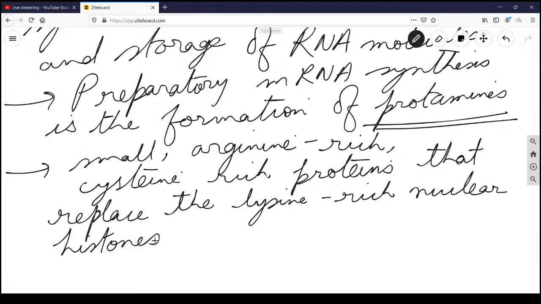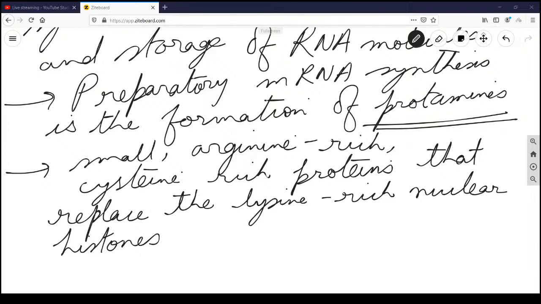Because histones compact the DNA, they compress the DNA. We have talked about the solenoid model, beads on a string model, then the 10 nm, 30 nm, 300 nm, 700 nm, 1400 nm models. So why would the histones be removed or replaced? It is not that they want it to become naked DNA, because if the histones are removed, it will become a 1 meter long DNA, right? So we don't want that. But protamines remove histones.